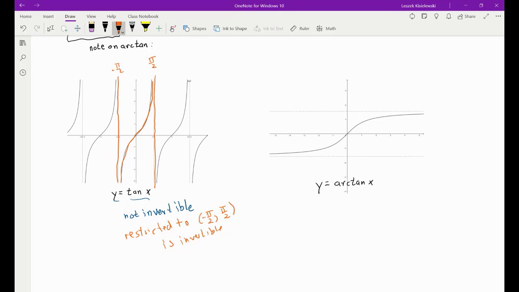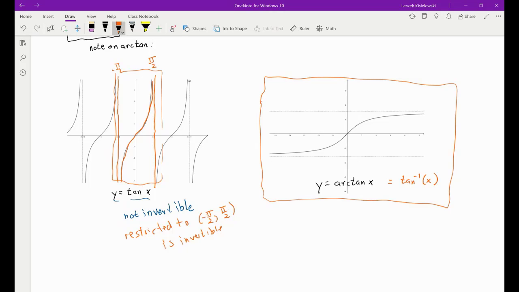Okay. So arctangent is actually the inverse of tangent, not for all possible numbers, but just the inverse of tangent on that interval from negative pi over 2 to pi over 2. If you take this portion of the graph and flip it around, you get the graph of arctangent right here.